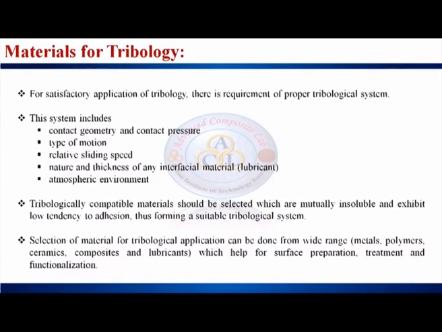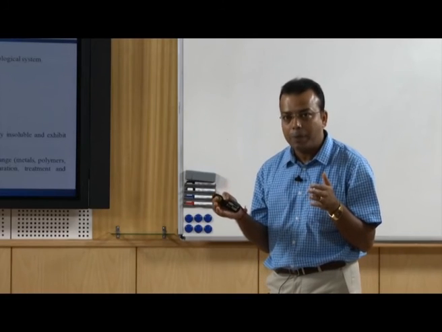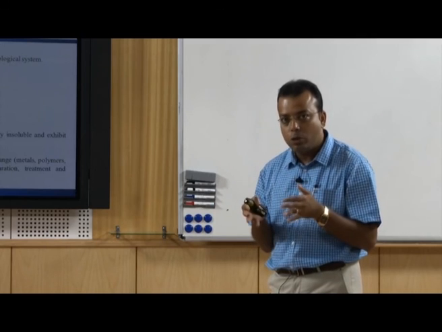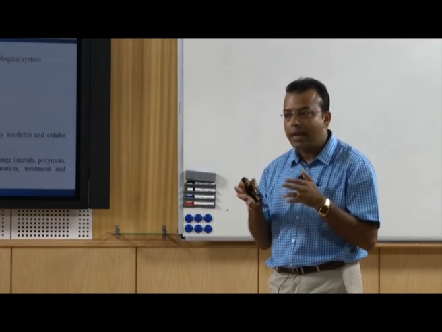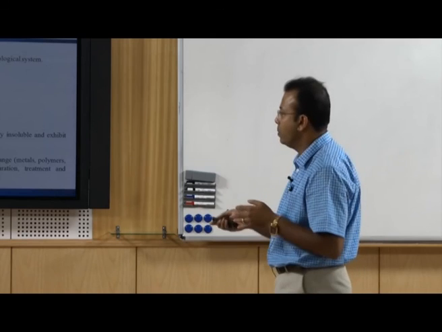This system includes contact geometry and contact pressure, type of motion, relative sliding speed, nature and thickness of any interfacial material, and atmospheric environment. Whatever material we are going to use should have all these capabilities, so that it can satisfy the tribological aspects, and there will be less friction and less wear taking place.